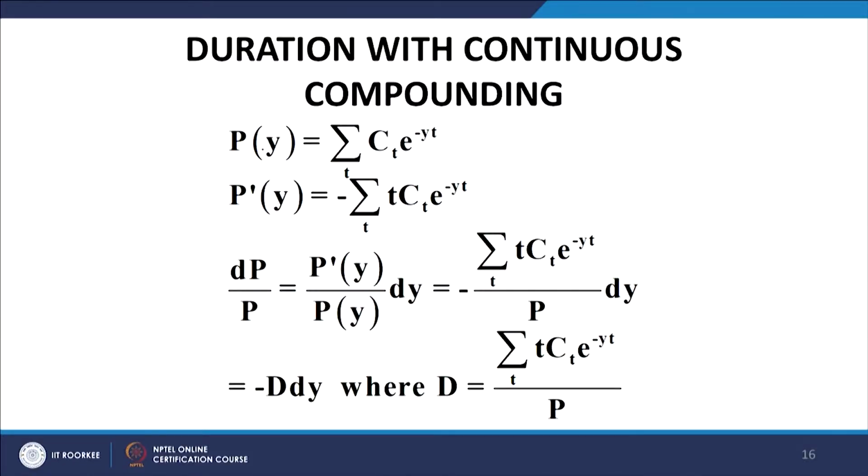Now, a small point, because we shall be using this in the sequel. So far we have talked about duration with annual compounding. Now we talk about a situation where we have continuous compounding. In the case of continuous compounding, the formula for the price is the present value of future cash flows as usual, but the expression changes to the present value interest factor in terms of continuous compounding, which becomes this expression.